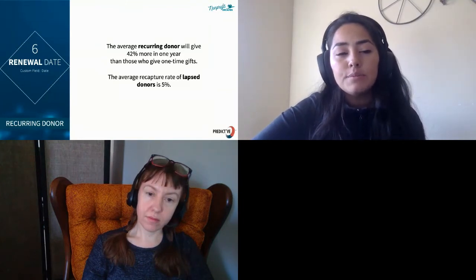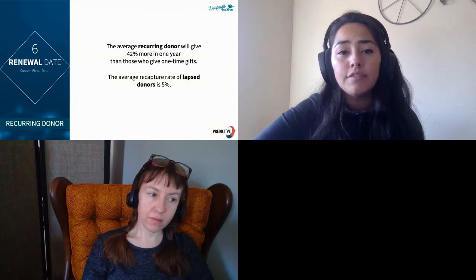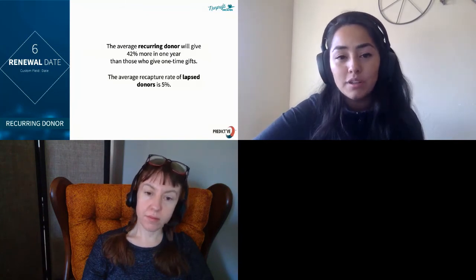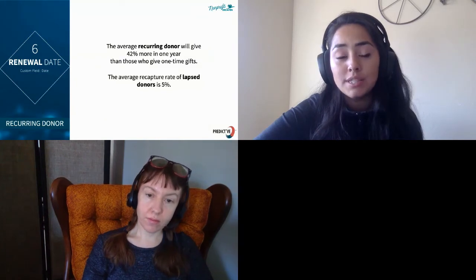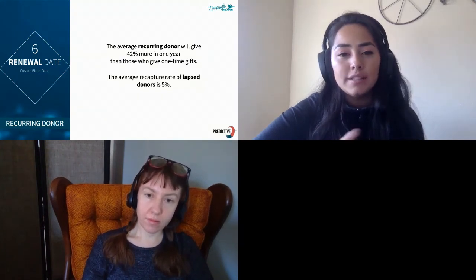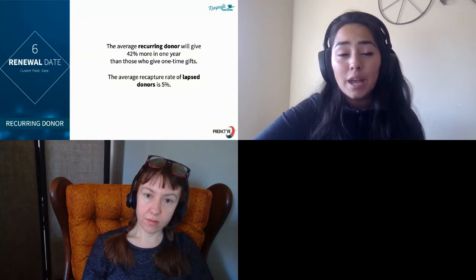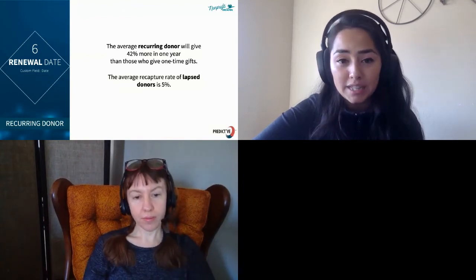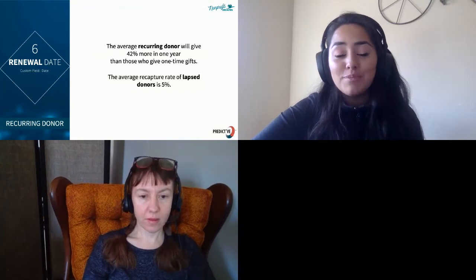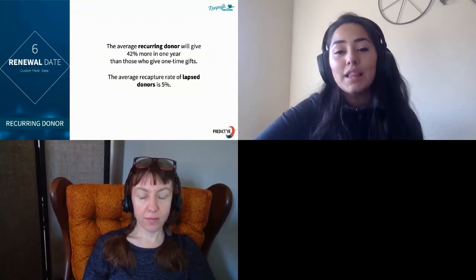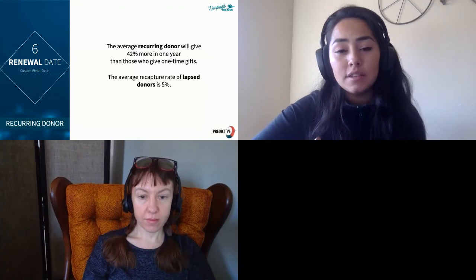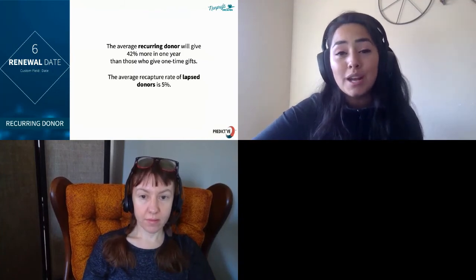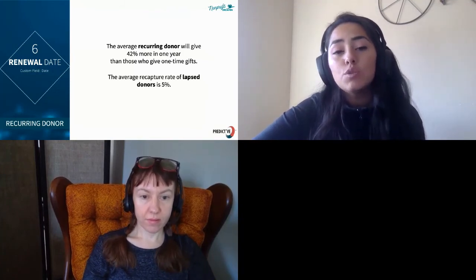This is really important because the average recurring donor will give 42% more in 1 year than those who give one-time gifts. But then listen to this, the average recapture rate of a lapsed donor is 5%. 5% is extremely low. And what a lapsed donor is, for everybody that doesn't know, a lapsed donor is a donor who hasn't donated in the past 12 months.